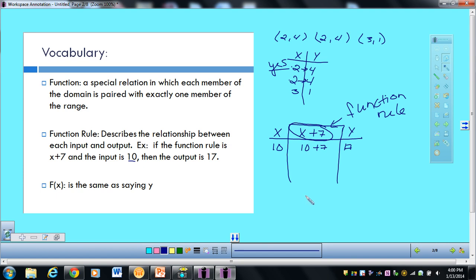So really you could see that function rule written f of x is x plus 7, okay? Because that's the same as saying y equals x plus 7. And you know if you plugged in that y, that does equal 10 plus 7, okay? So that's the same as just saying y.